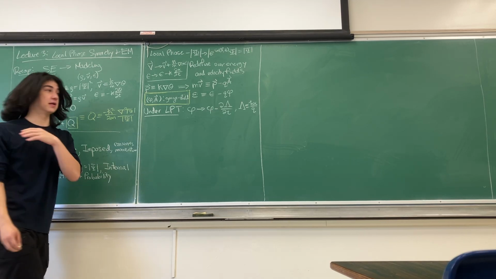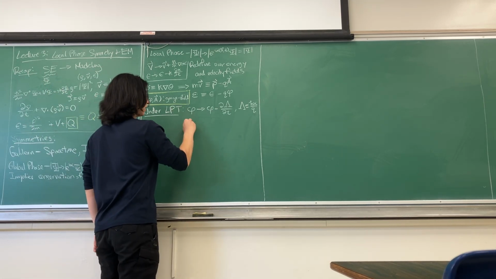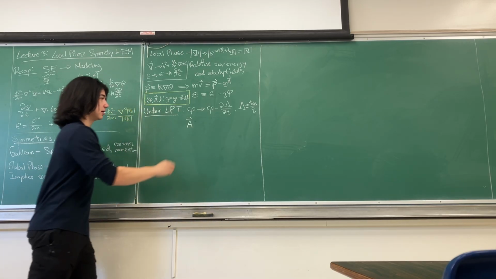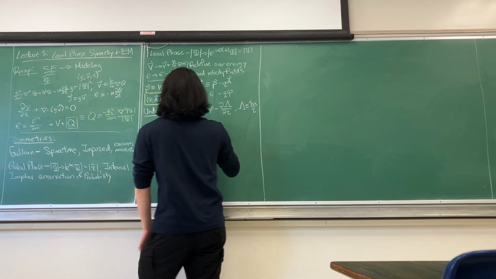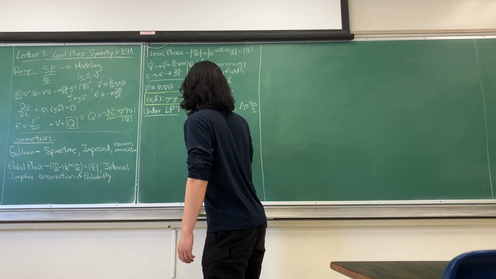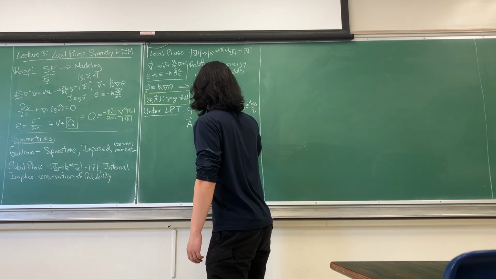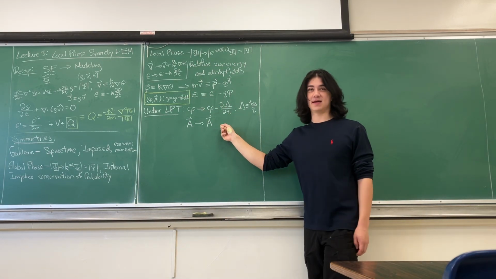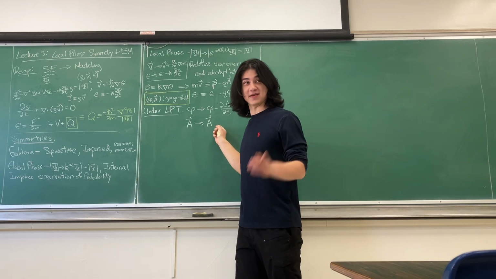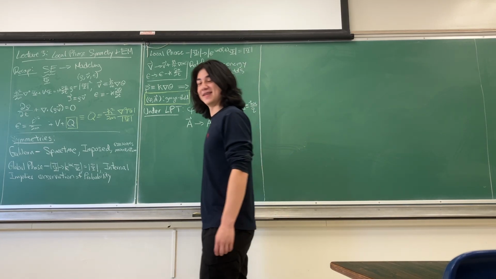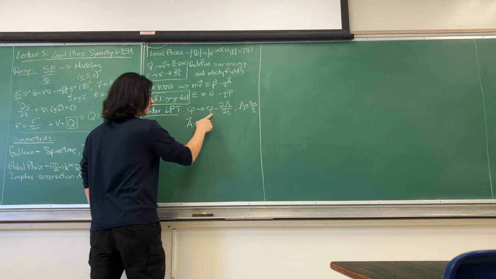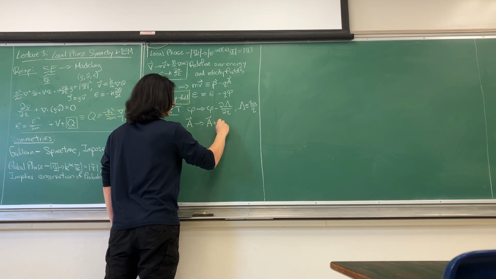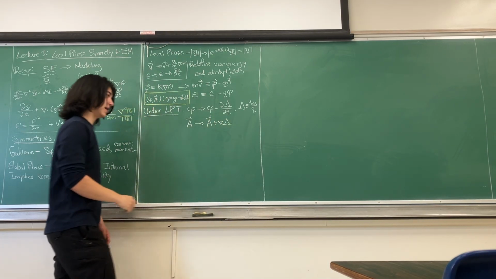And then the field A, can anybody, if you've taken electromagnetism, guess how this should transform under a local phase transformation? So it should go A, and then, Tom? Is that the gradient of lambda? Right, exactly. So it's going to go like plus gradient of lambda.